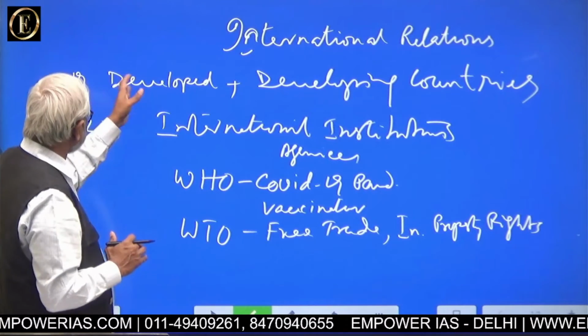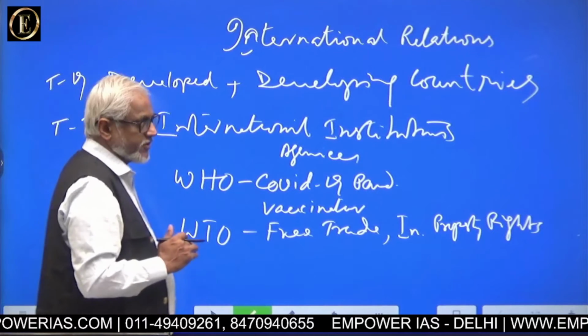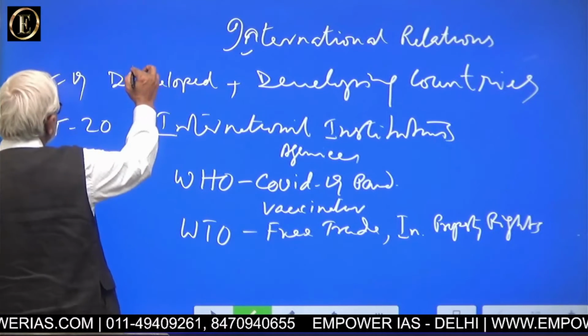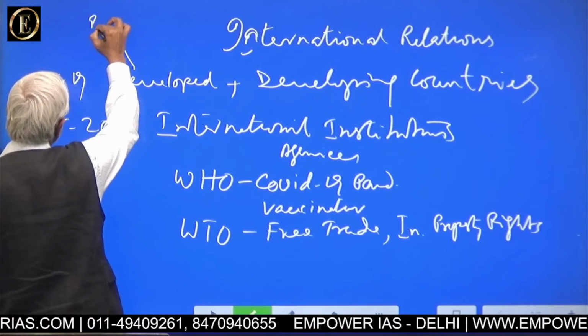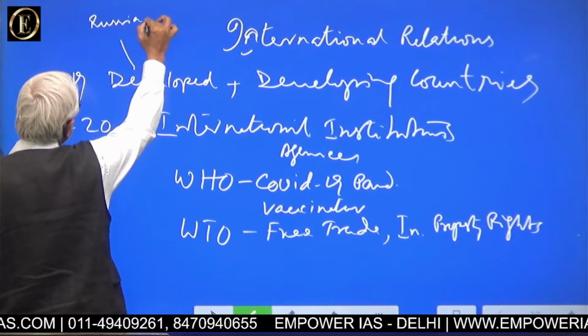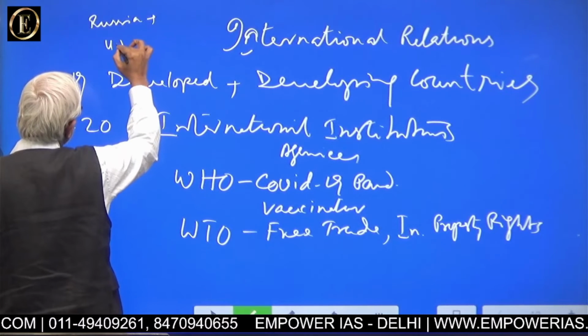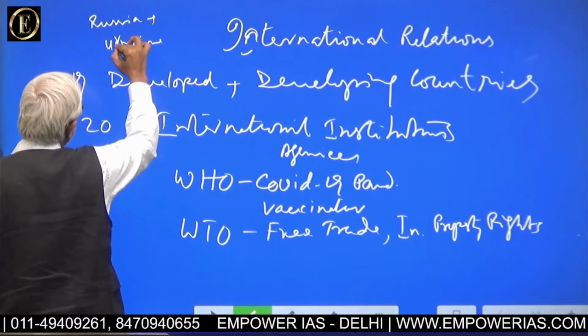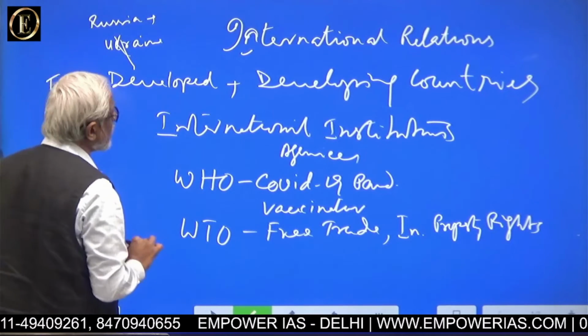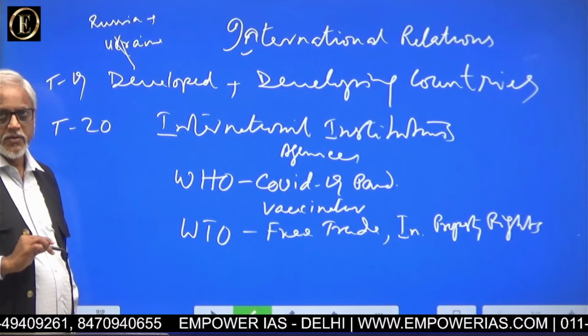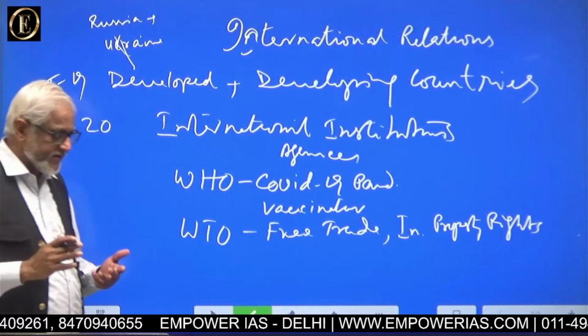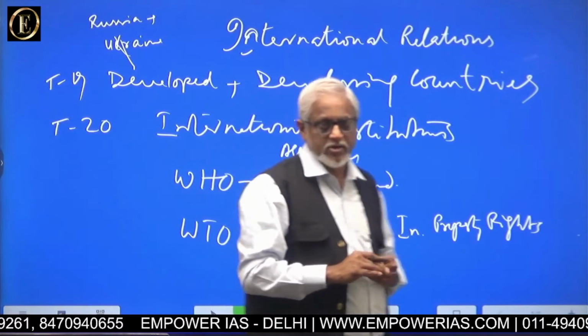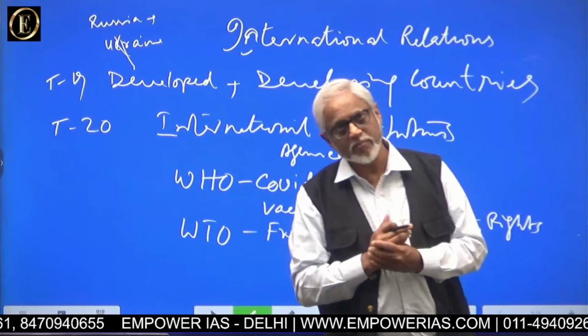Let me go back to T19, the developed and developing countries area. For example, now Russia and Ukraine are in conflict. What kind of impact may it create on India? Because India depends on Russia for many things.